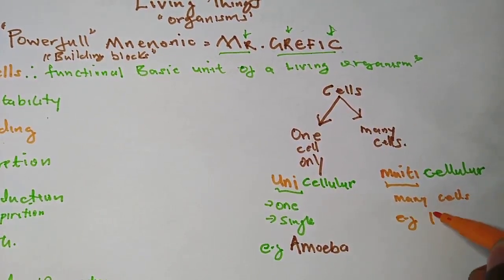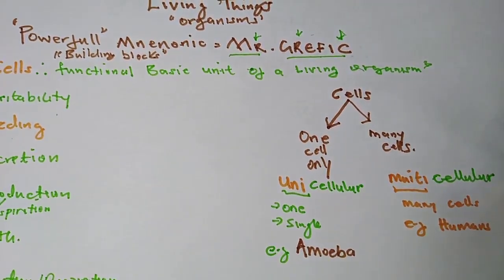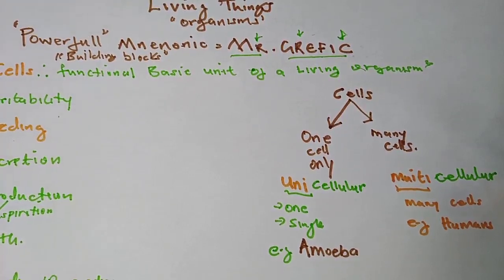Example, humans: we have billions and billions of cells, a lot of cells in our body. So that's one characteristic of living things that we've looked at.